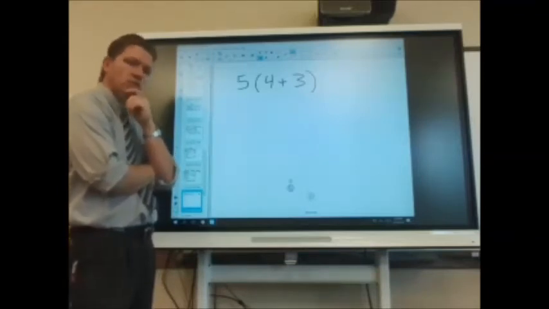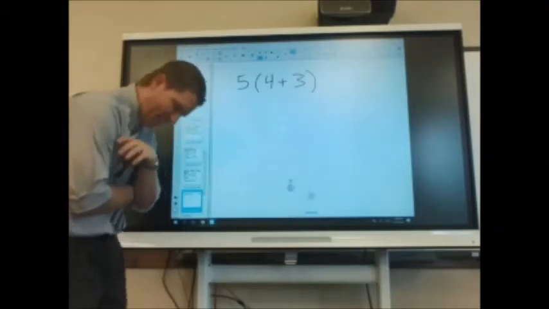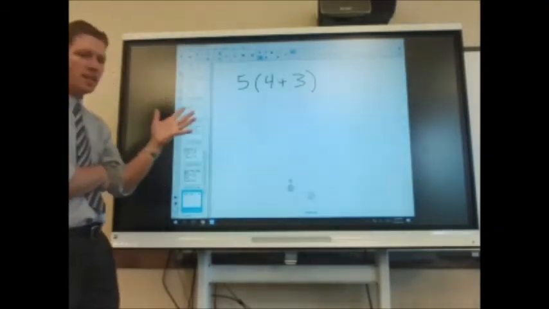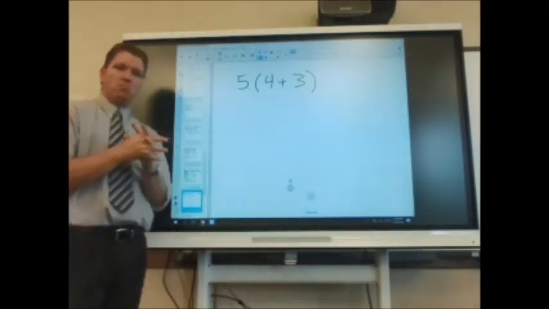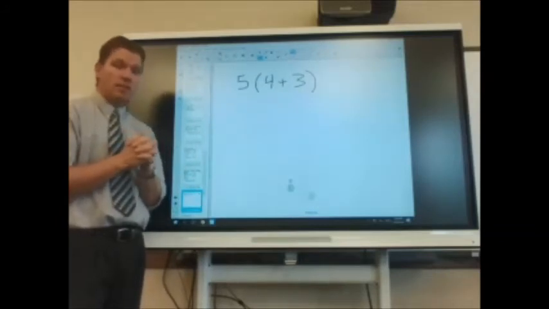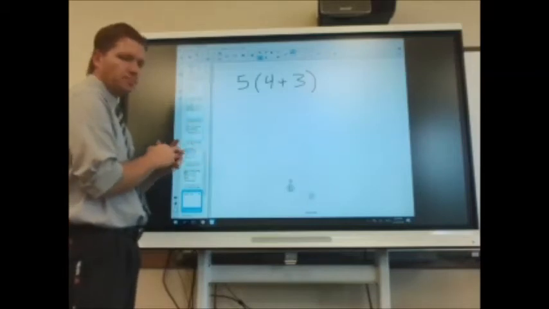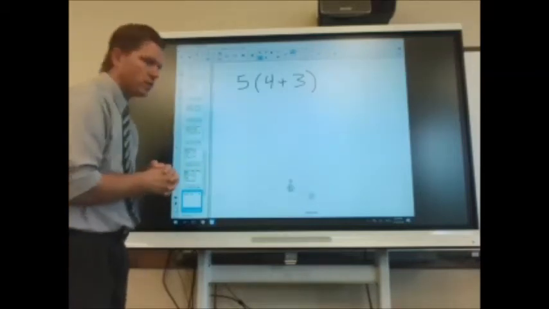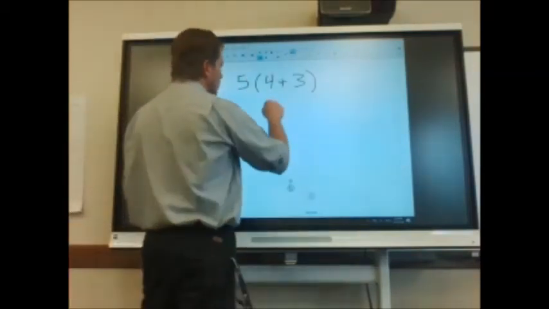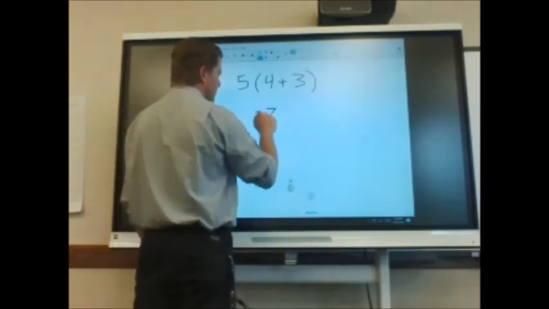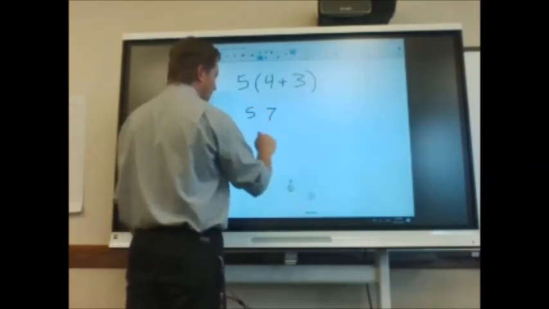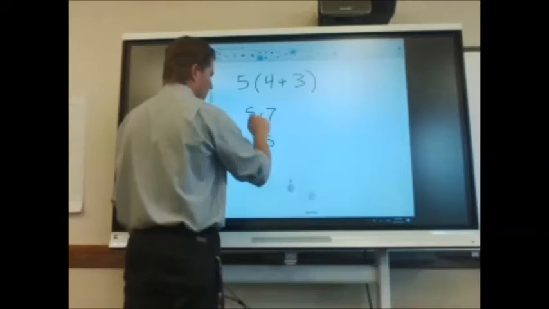Well, this is a stupid example, okay? Because right here, it doesn't matter. Really? No, it doesn't matter, okay? Because how this works out doesn't change my end result, okay? If I were to do the addition in the parentheses and get 7, and then times by 5, I get 35, right?